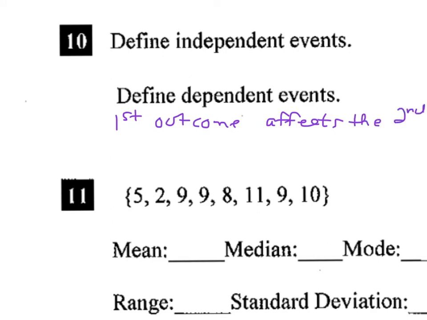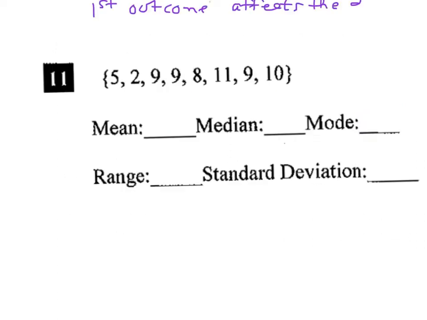So like the example with the girls drawing ribbons out of a bag. Once you take one out, then it changes the probability for the second event and the third event and so on. But something like flipping a coin, that's an independent event because every time you flip a coin, your probability is 50-50 heads or tails.